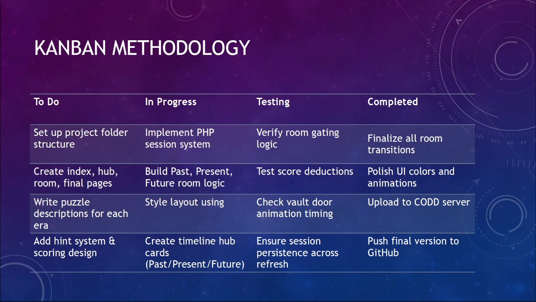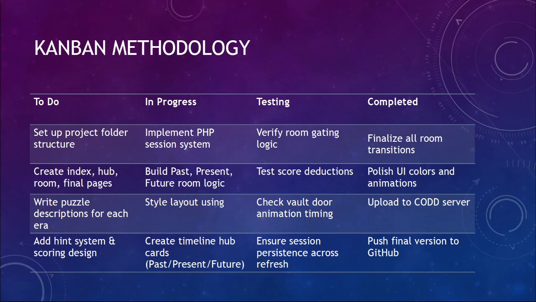We used the Kanban methodology. We didn't use it with full accuracy as this table shows, but basically the layout was to have a to-do list, an in-progress list, a testing, and a completion list. To do basically started with the skeleton, creating the structure of the files in the folders, planning out what would be added later, like description, storytelling points, and hint system.